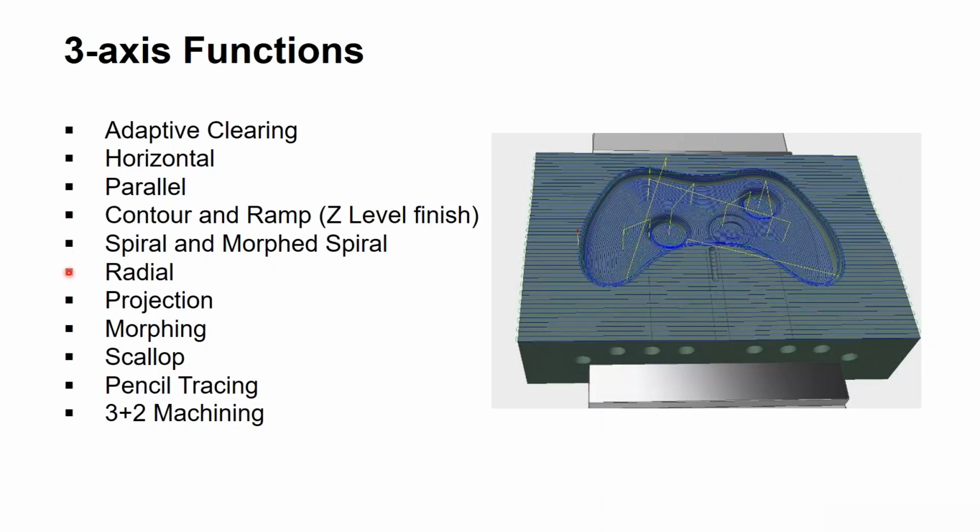And we have some radial projection, morphing, scallop strategy, and pencil tracing for finishing. And the pencil tracing is for rest machining. All 3-axis toolpaths could be used for 3+2 machining as well. So it's not more difficult at all to machine 3+2 axis than 3 axis inside the HSM product.